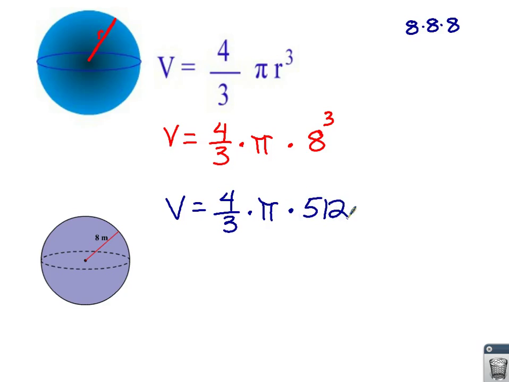Okay, continue on. This is commutative again, so we could use our commutative property and rearrange these numbers the way we like them. So V is equal to 4/3 multiplied by 512 multiplied by pi. Now I'm not going to lie here, I'm going to take out my calculator for this part of the problem.